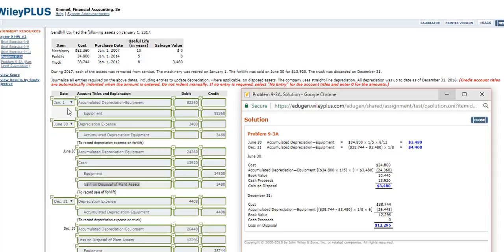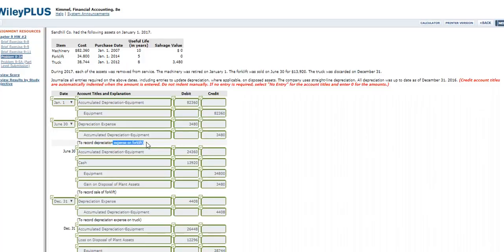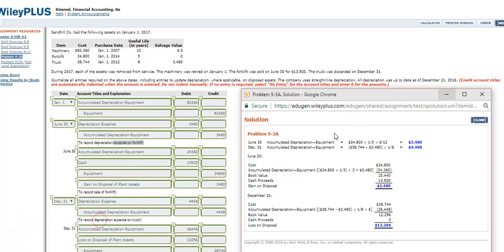So the next one that we're going to work is the depreciation expense for the forklift. I'm going to put this right here. This will help us a lot during this process. So the first thing is the date, June 30, as is mentioned right here.